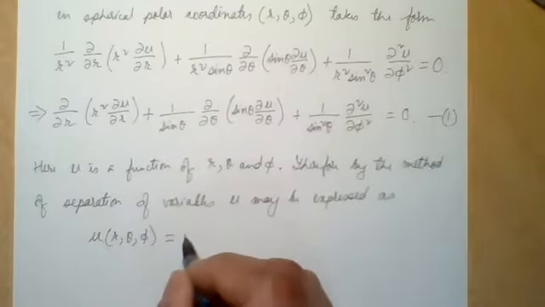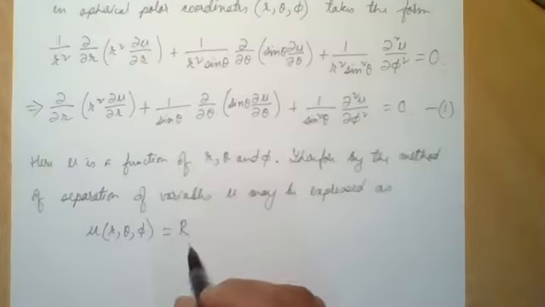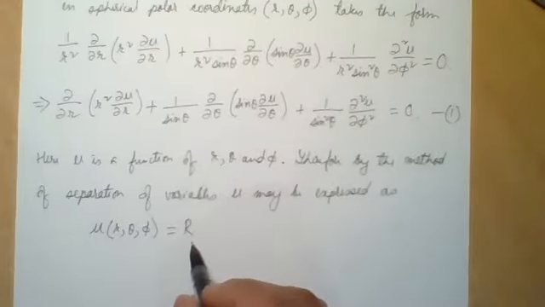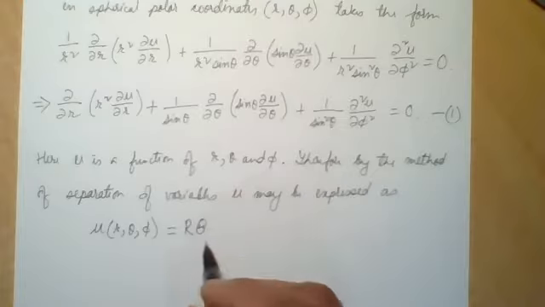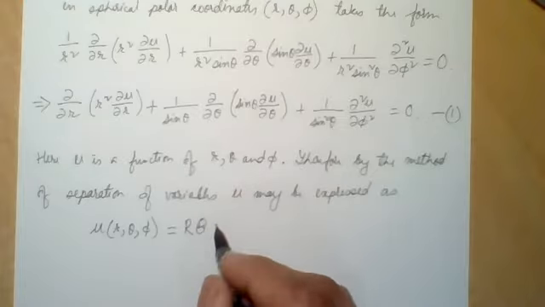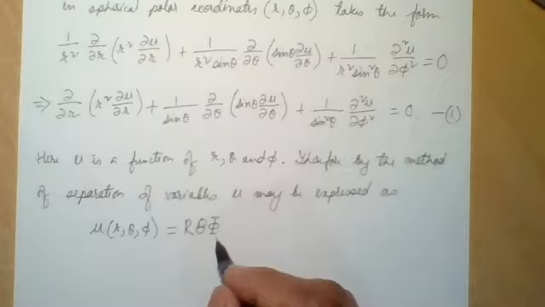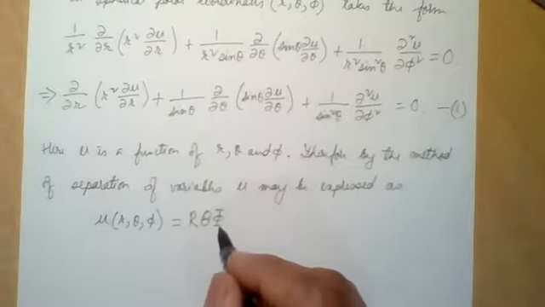This can be written as capital R, where capital R is a function of small r only, capital theta, where capital theta is a function of small theta only, and capital phi, where capital phi is a function of small phi only.